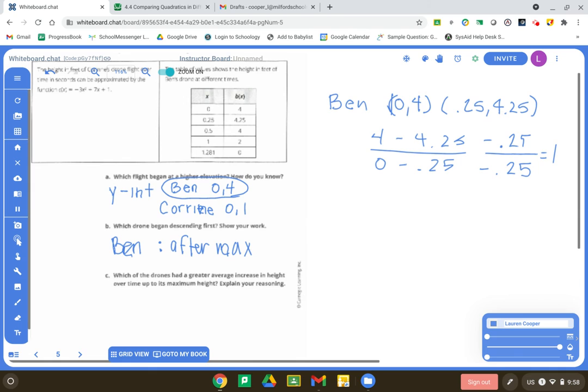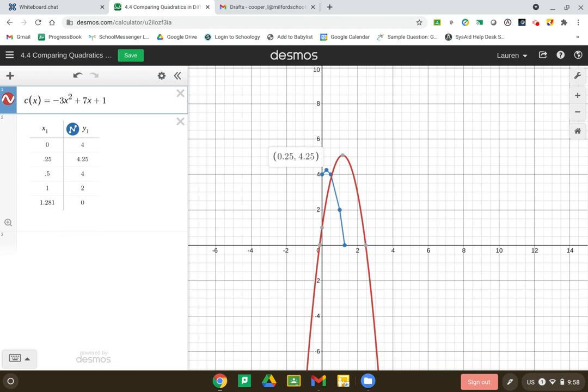And then we'll go with Corinne. Oh, sorry, this Wi-Fi is not helping these letters do very good. So Corinne was at 0, 1, and then 1.167.